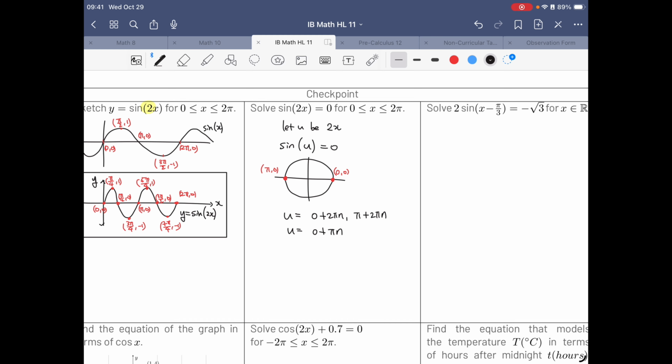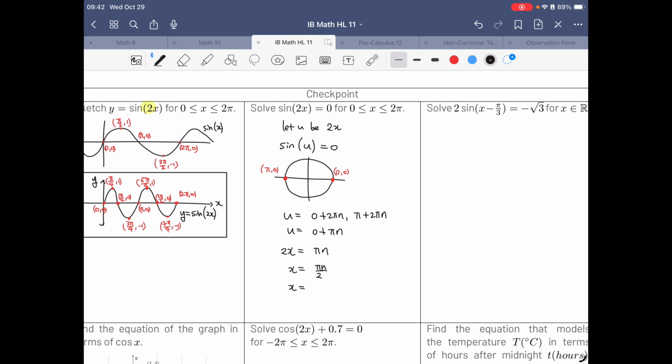Now at this point I've solved u, therefore I'm going to replace it back with 2x. And if I solve for x, it becomes pi n over 2. And that's my, well, sorry, that's not my solution. Because I know that x is equal to pi n over 2, I'm going to list out all the answers of x that I know of.